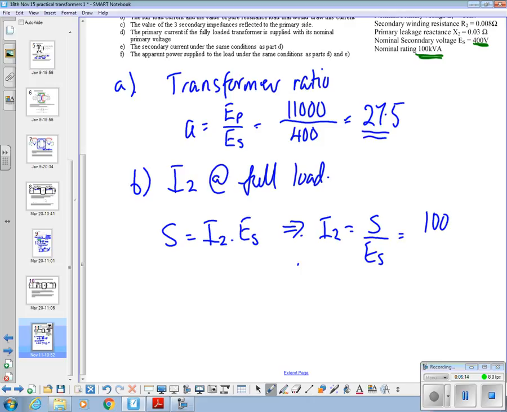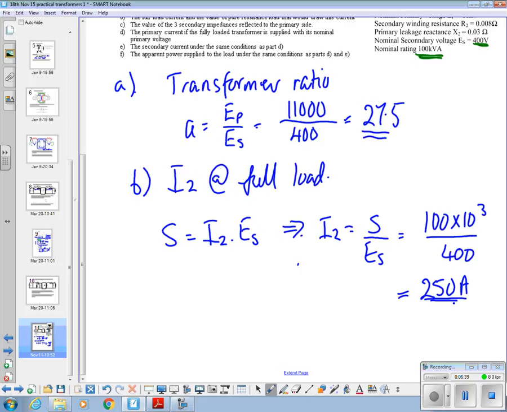That's 100 times 10 to the 3 over 400 equals, as you rightly say, Luke, 250 amps.